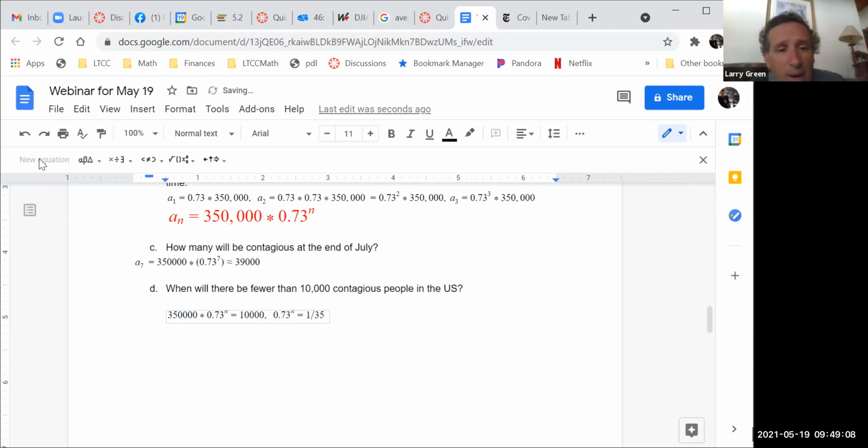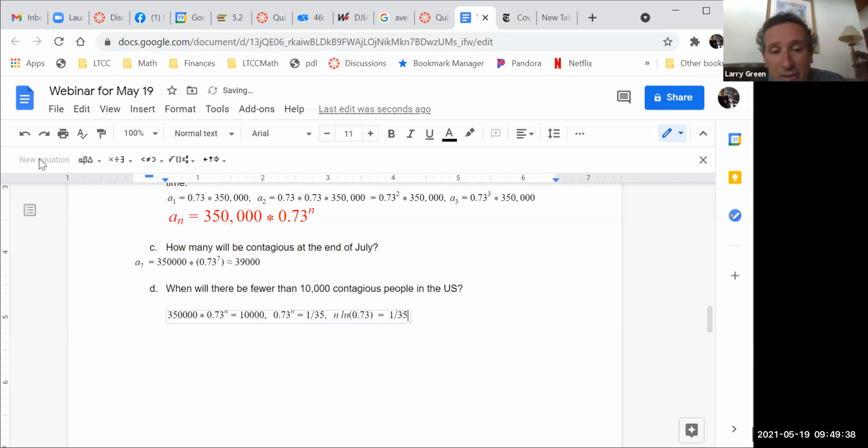And then, who remembers how to solve something like 0.73 to the n equals 1 over 35? Pre-calc. Yeah, take a log. So we can say n times the natural log of 0.73 is equal to the natural log of 1 over 35.